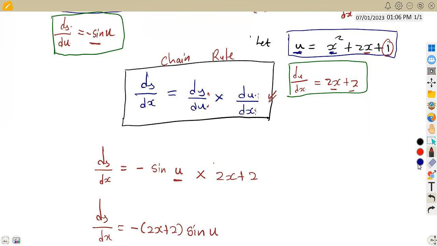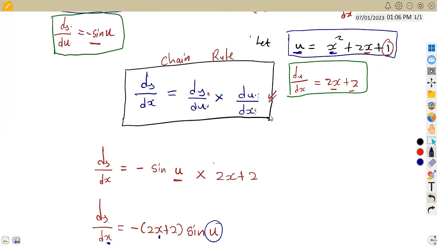But if we consider this as our final answer, this will be wrong. Why? It's a derivative of y with respect to x, meaning to say our answer is supposed to be in terms of x throughout. But here, if you check, there is a u. So we are supposed to get rid of this u and write this in terms of x. It must be in terms of x.